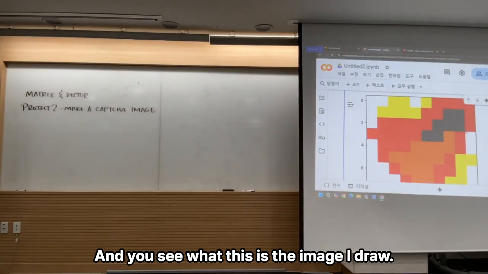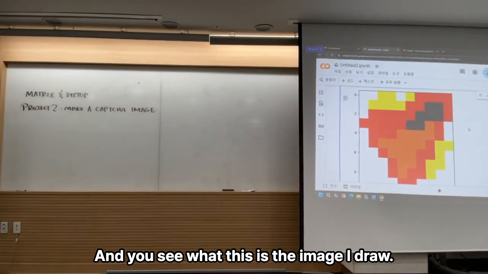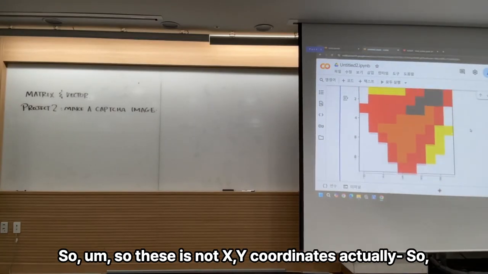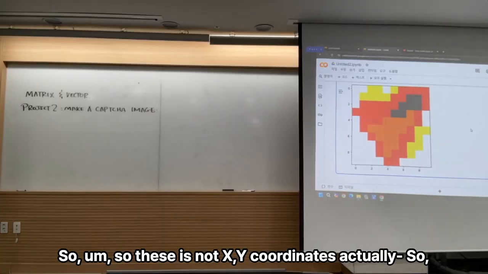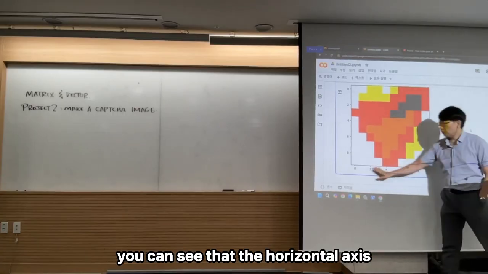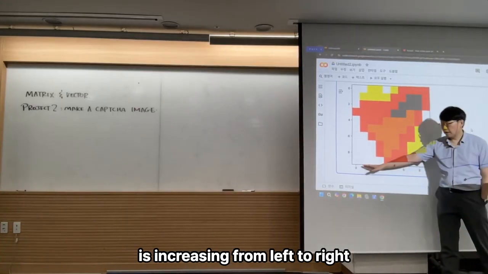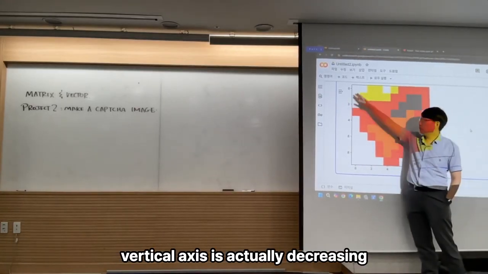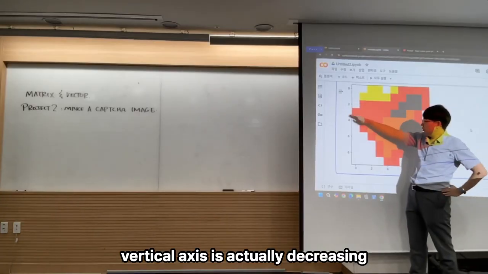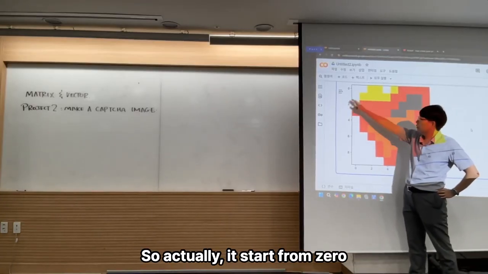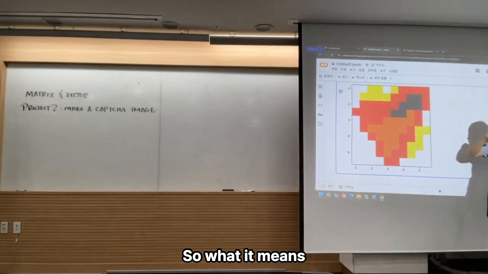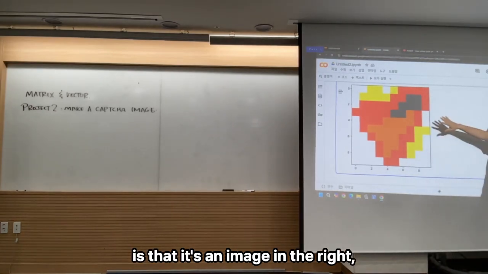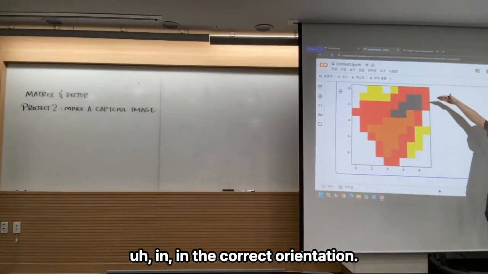And you see, this is the image I drew. These are not XY coordinates, actually. You can see that the horizontal axis is increasing from left to right, but the vertical axis is actually decreasing when you go up. It starts from 0 to 8 from top to bottom. What it means is that it's an image in the correct orientation.